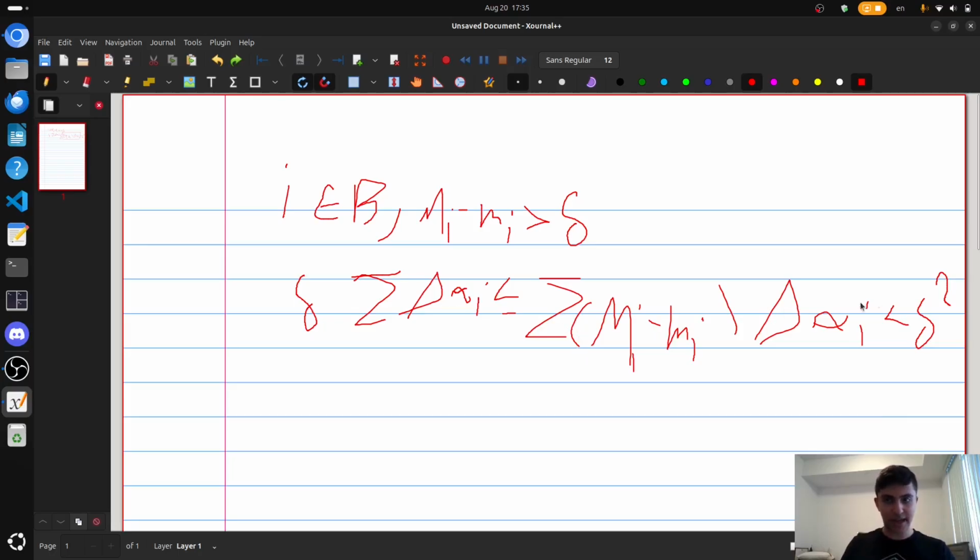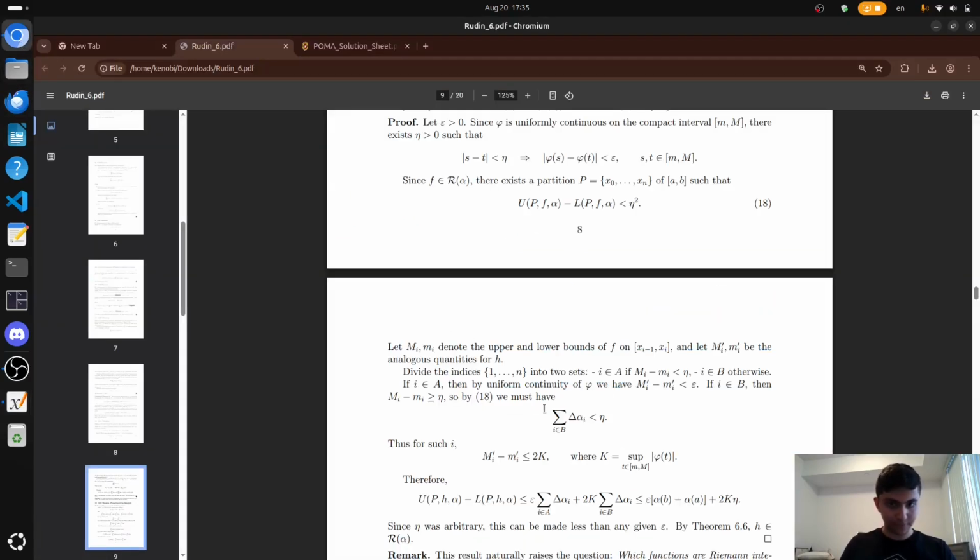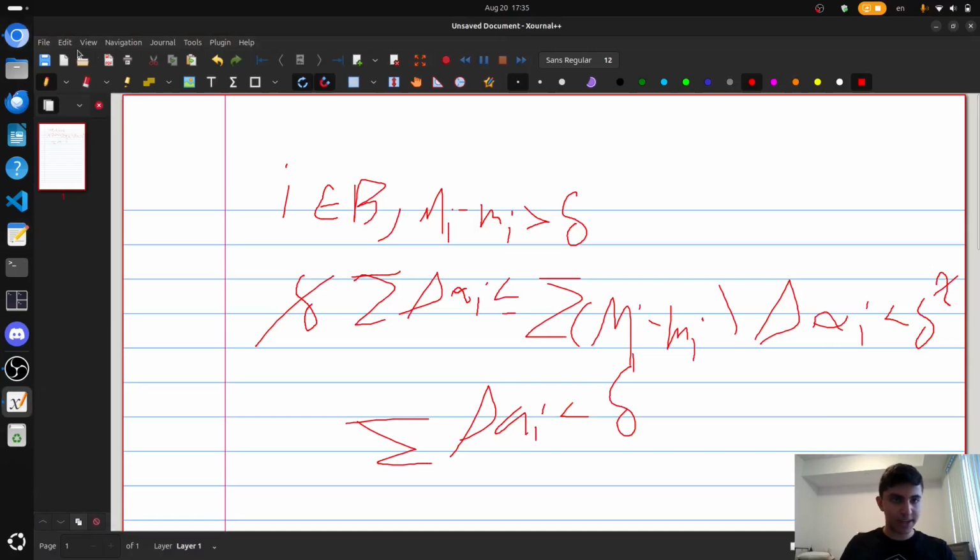It's analogous to that. And you divide the eta on both sides, you're going to get that the sum of delta alpha I is less than eta, basically. Actually, not delta. We're talking about eta over here. So let me change it over here. All of these are supposed to be etas.